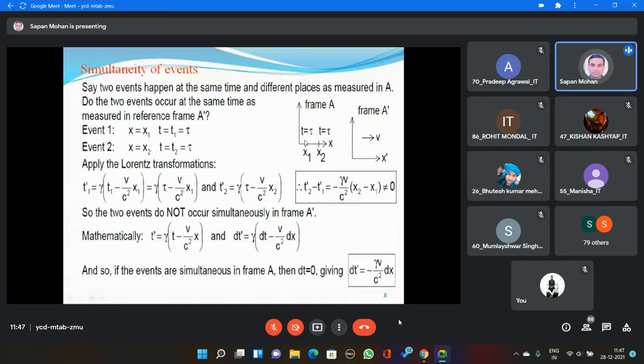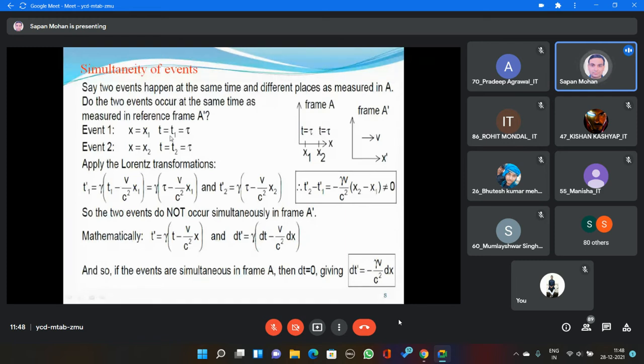One event happened at point x1, the other event at point x2. Clear up to here? Now, do the two events occur at the same time as measured in reference frame A dash? If we measure these two events in the A dash frame, which is moving with velocity v, do they occur at the same time in that reference frame or not? This is our objective.